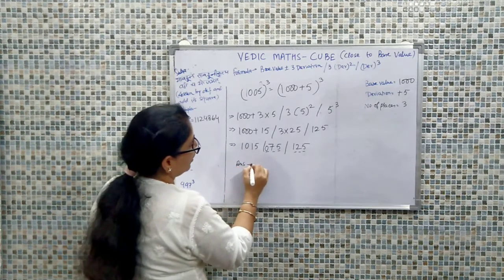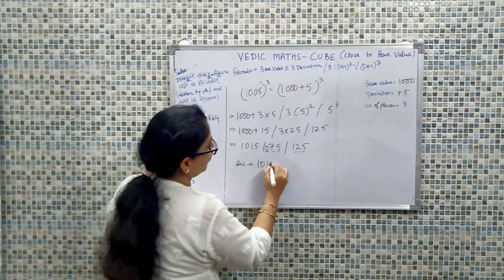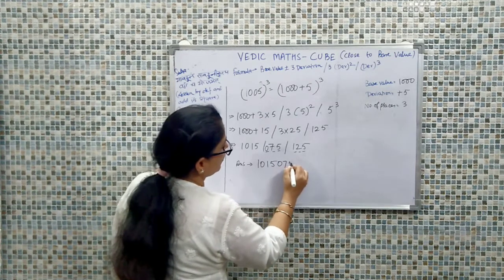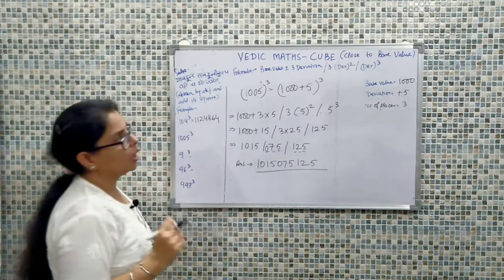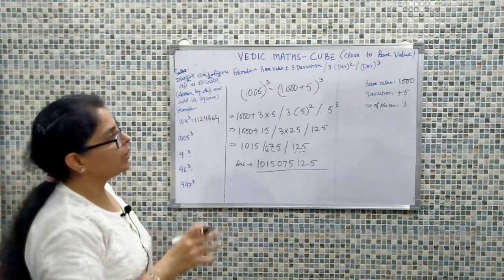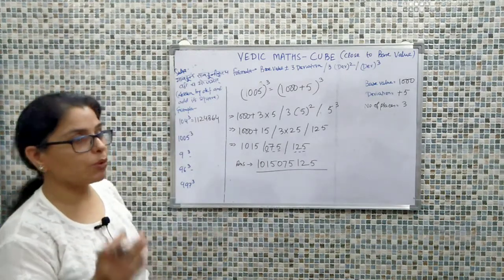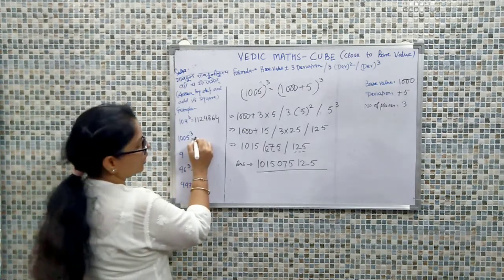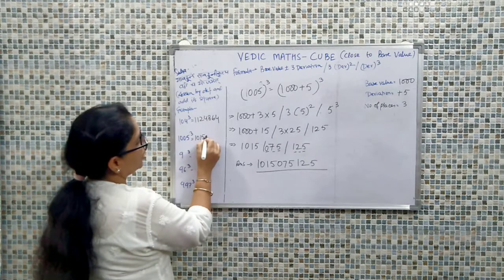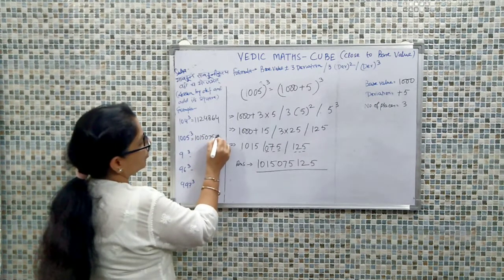So finally our answer is 1015075. So this was actually a big calculation, but by breaking that particular number with respect to the closest value, we are able to calculate this very easily. So we have 1015075.